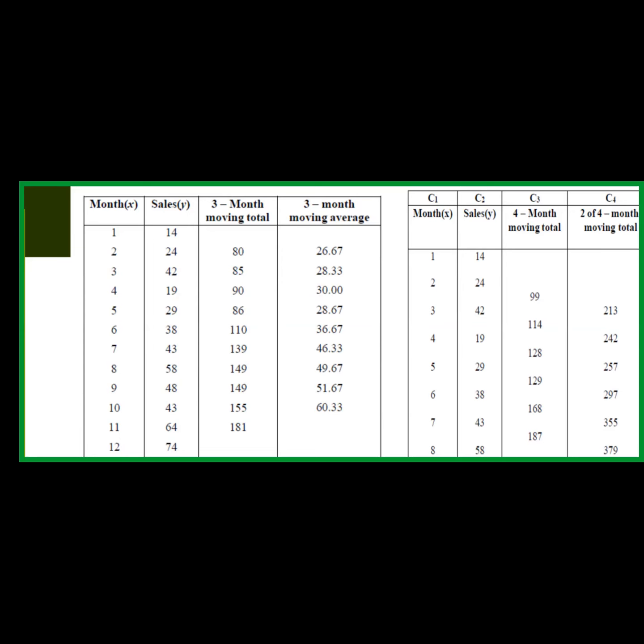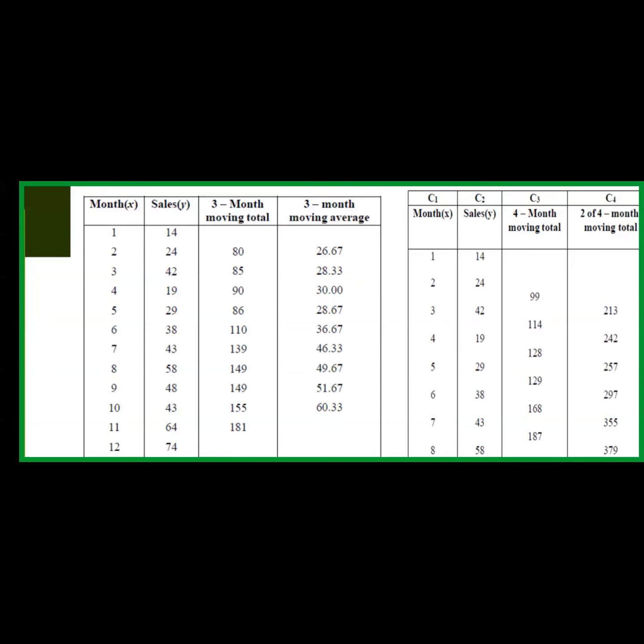So when you want to do the average now, you added 3 numbers together, right? So it will be 80 divided by 3. 26.67. Exactly. So that is why you are getting 26.67 in front.